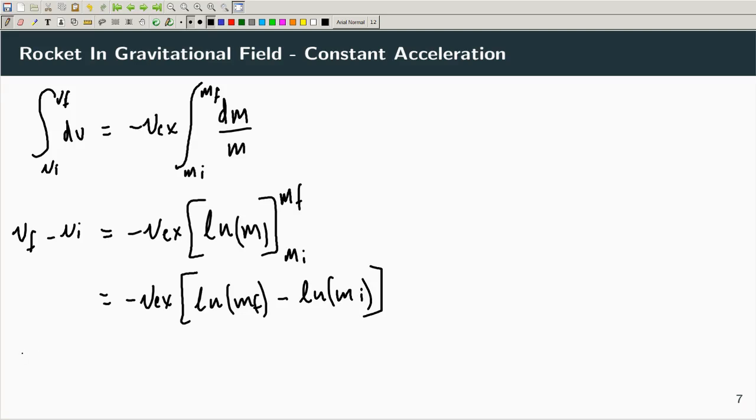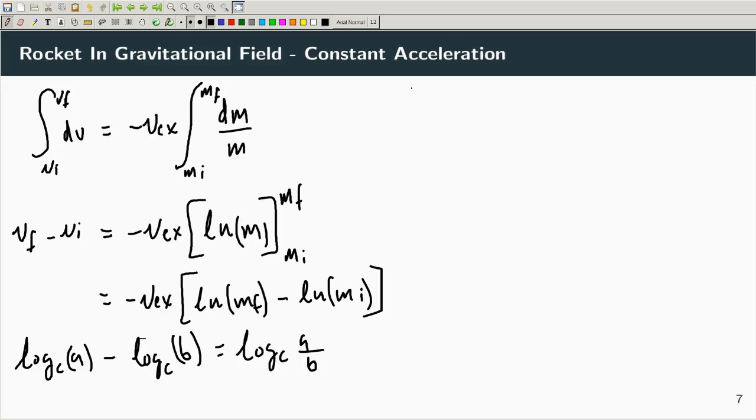But using the log rule, so we have log c a take away some log c b is just equal to log c a over b.